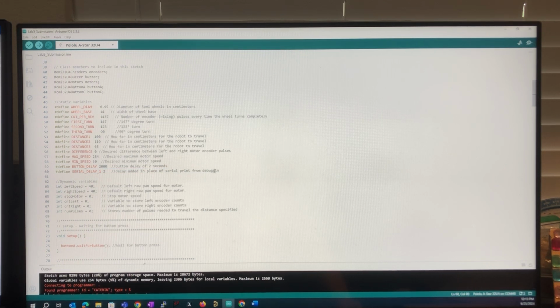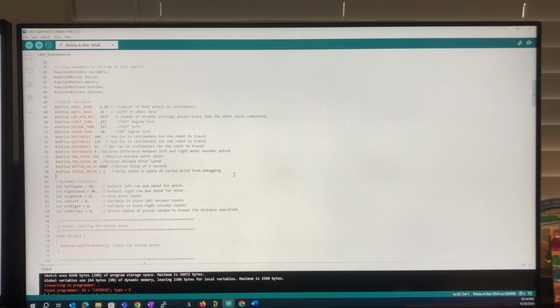And the reason I did that is during the debugging phase, I had serial prints and eventually got the code working. I was pretty proud of the code I had working. However, when I went and took out the serial prints for submission, the code acted differently, and it turned out it needed some of the delays caused by the serial prints.